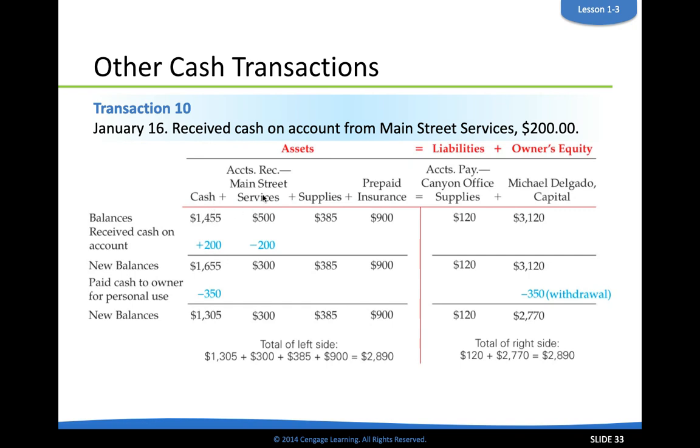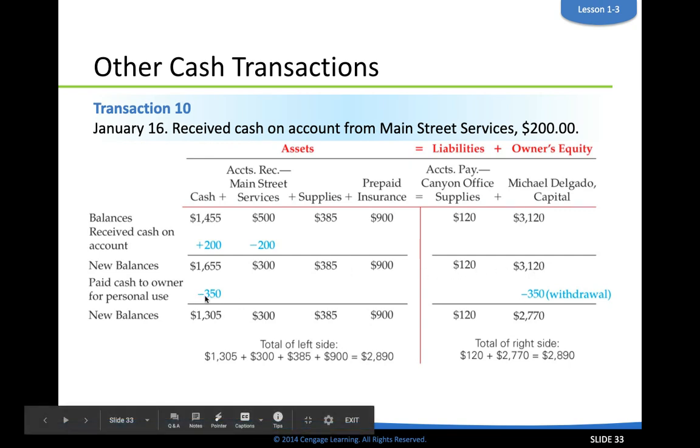Cash goes up. They received it on account, so then the accounts receivable goes down by $200. So again, nothing happens over here on the right at this one point. This is sort of a review from lesson 1-2, kind of mixed in. But again, a plus and a minus cancels each other out. Everything here and everything on the right-hand side are still in balance.